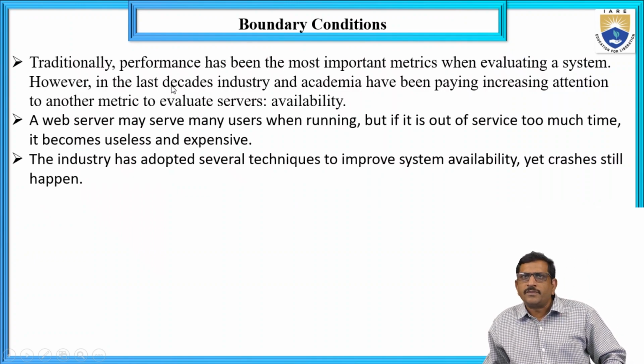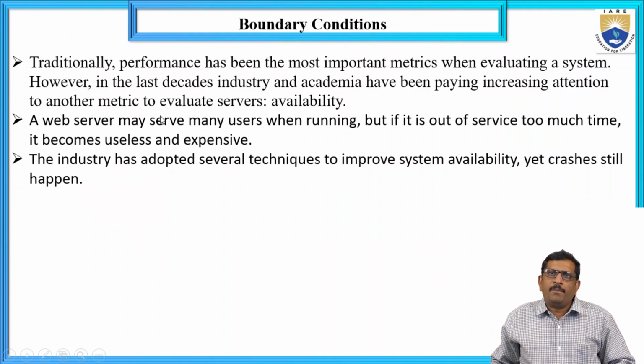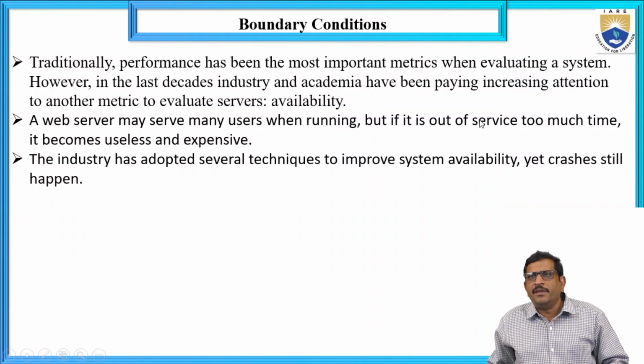Next, traditionally performance has been the most important metric when evaluating a system. However, in the last decades, industry and academia have been paying increasing attention to another metric, the server's availability.